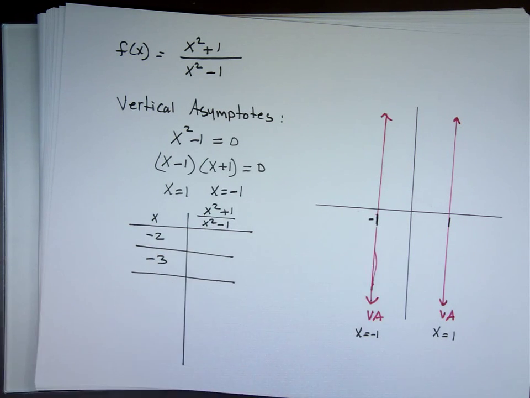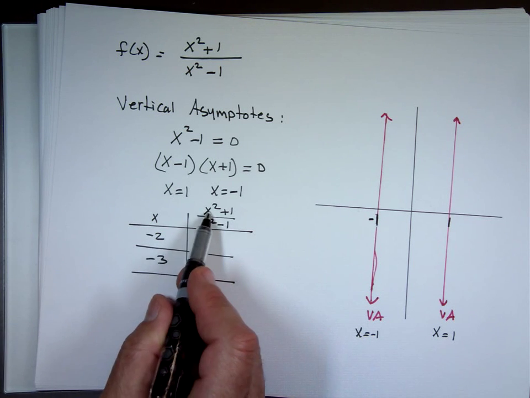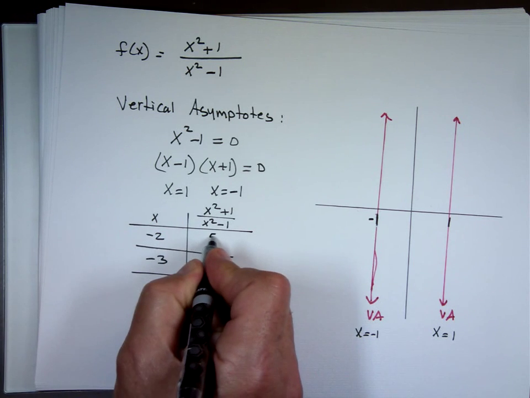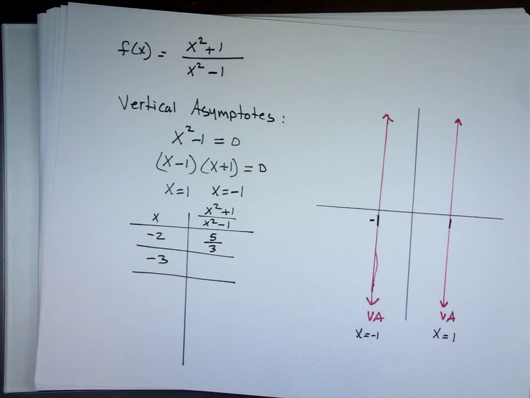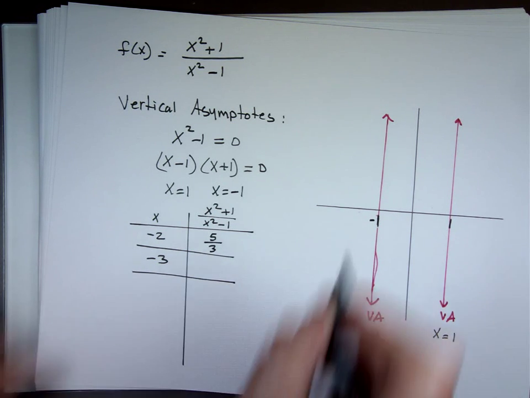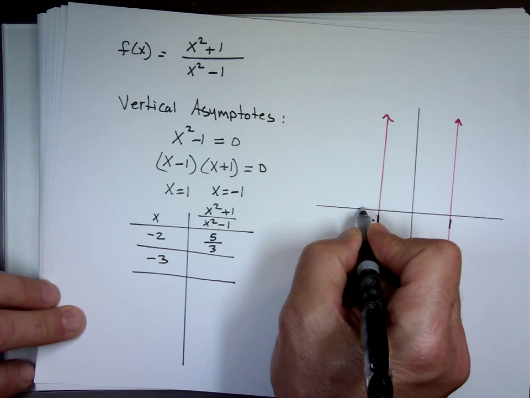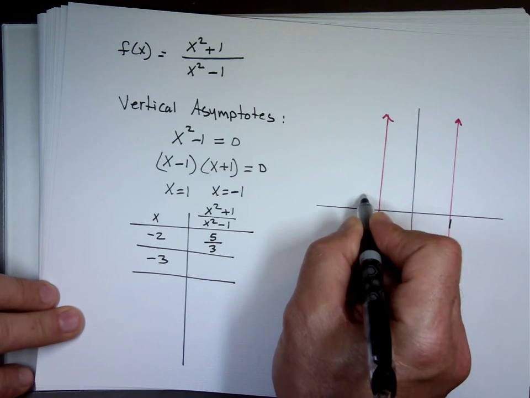When it's minus 2, that's a 4. 4 plus 1 is 5. 5 over 4 minus 1, which is 3. So minus 2, it's a little bit more than 1. Almost 2, right there.